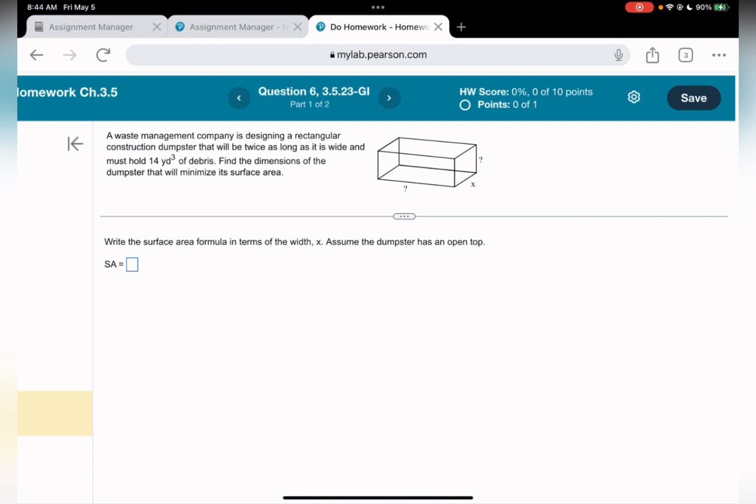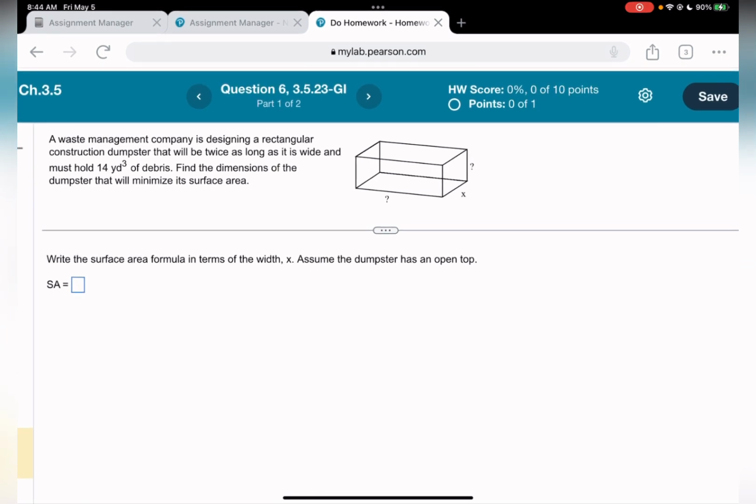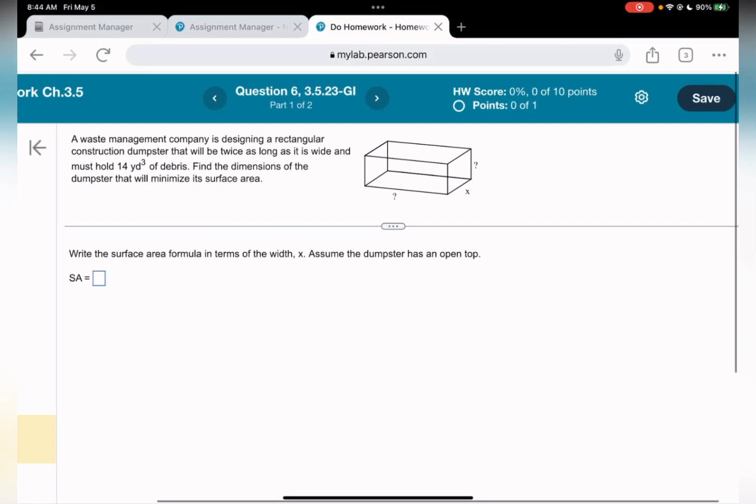Question number 6 from homework 3.5. A waste management company is designing a rectangular construction dumpster that will be twice as long as it is wide. So remember, it says twice as long. If we have our width W, then length L is going to be 2W.